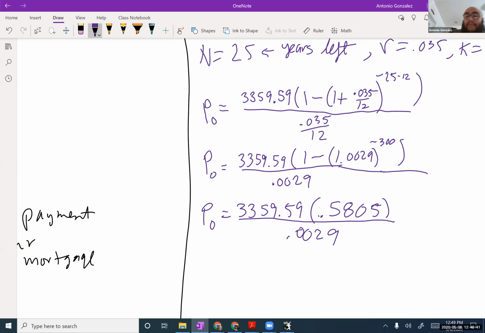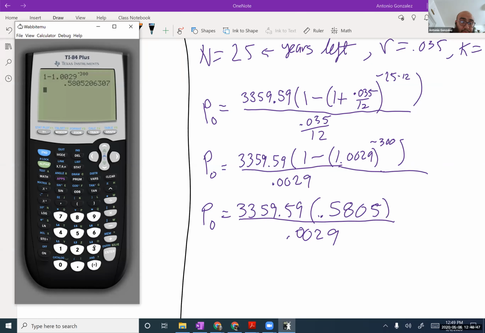Okay. And then from here, I'll perform this operation. I'll multiply the numerator, 3359 times 0.58, and enter, and then divide by 0.0029.